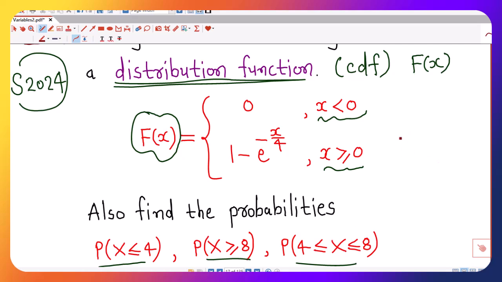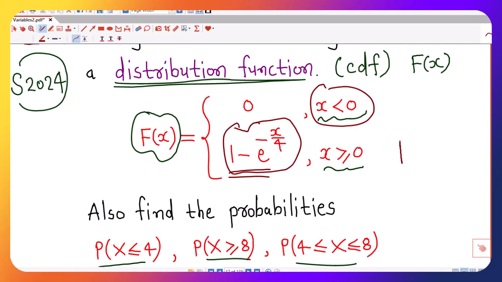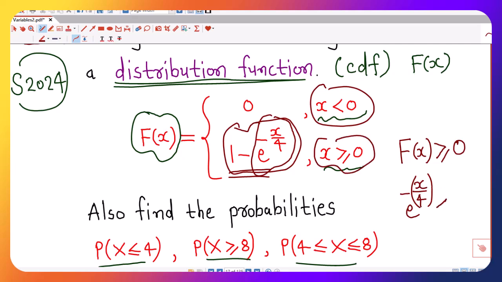First we can see that if x is negative, value of CDF is 0, and if x is non-negative, CDF is given by this formula 1 minus e raised to minus x by 4. So it is obvious that value of CDF is always greater than or equal to 0, because here we have e to the power minus x by 4, and because x is non-negative, this quantity is always less than or equal to 1.